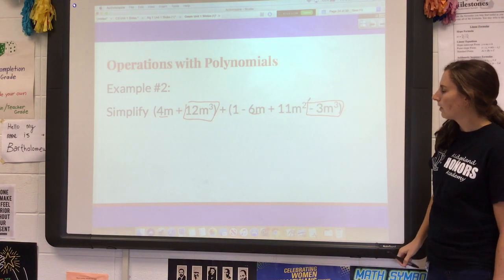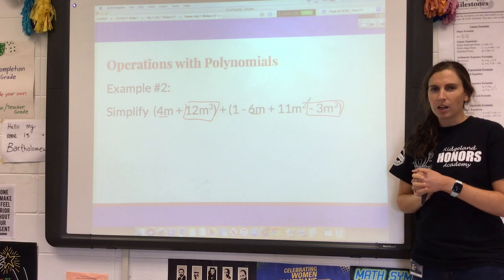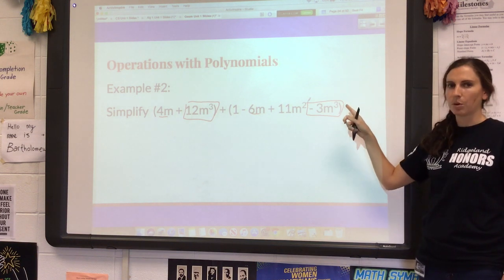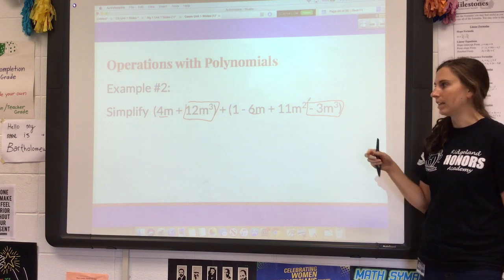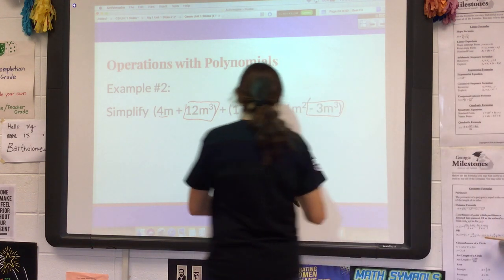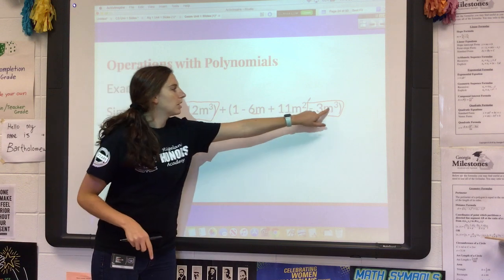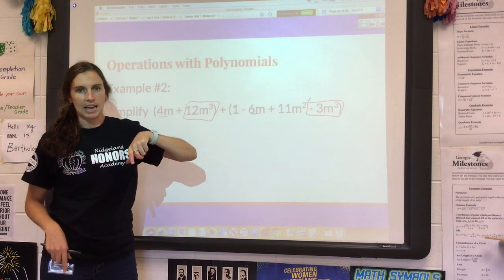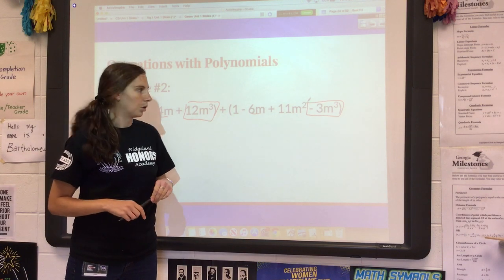I think that's it. It's helpful when you work with polynomials to get in the habit of putting the highest exponent first. We call that the degree of the function. We'll talk more about that later, but I'm going to put the cubed stuff, then the squared, then the m's, and then the constant at the end.